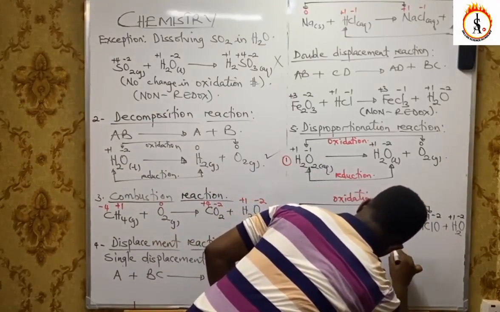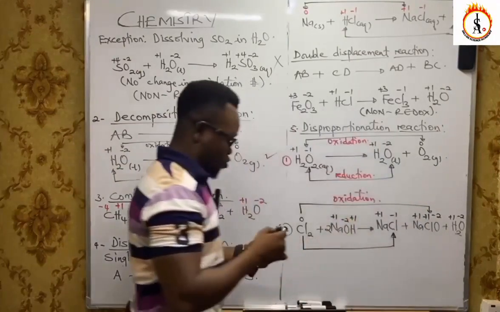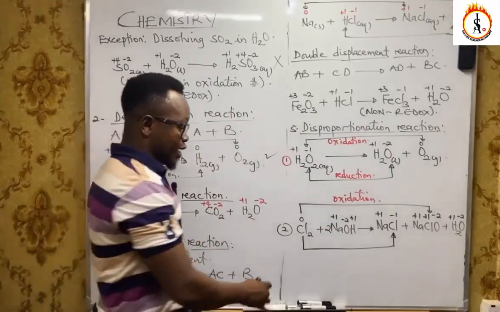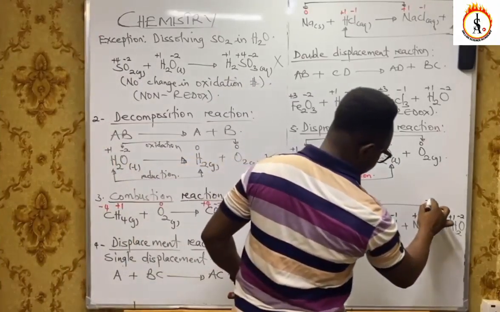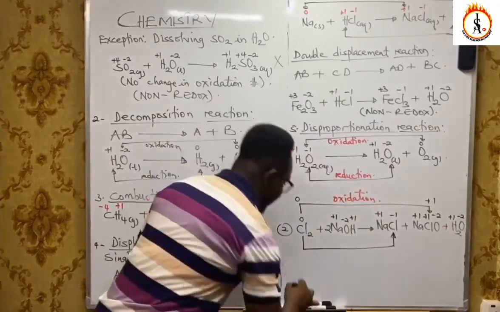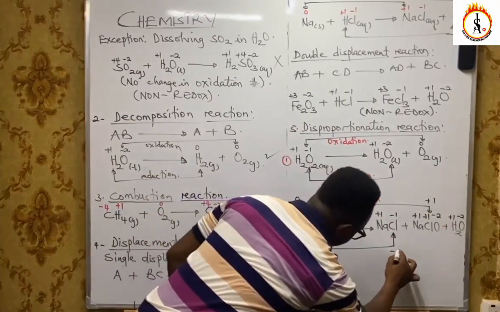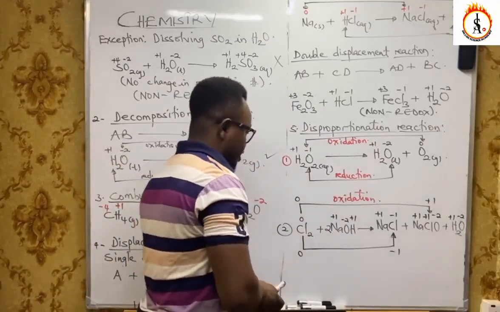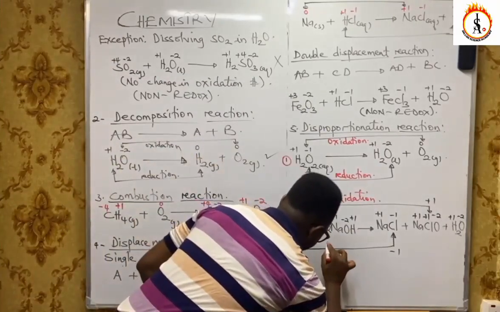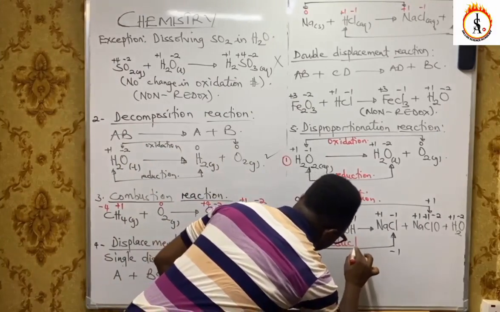Okay, that is in the formation of the sodium chloride. So here the increase was from 0 to +1. Here the decrease is from 0 to -1. So because it is decreasing, that tells us it is reduction.